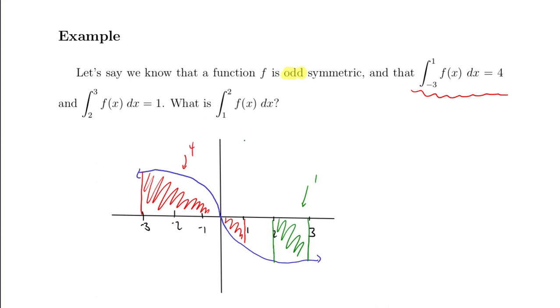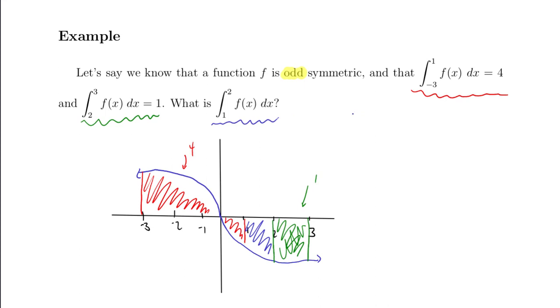Really, there would be a bunch of oscillation in here. But we're not doing this to get an accurate picture. We're doing this so that we can see a little bit about what's going on here. I know that this total area that I'm going to shade, including this stuff here in blue, I know that this total area has to be 0, right?